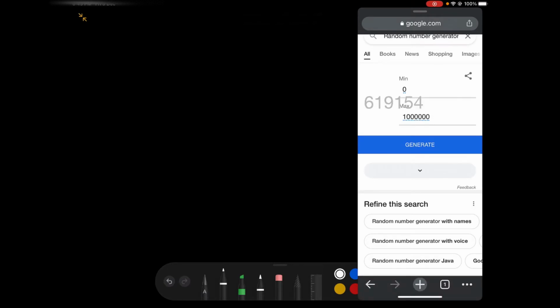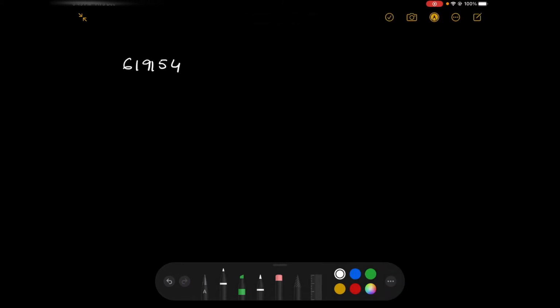So this generated 619154. We will write it here. Now we are going to convert this number into a binary number.